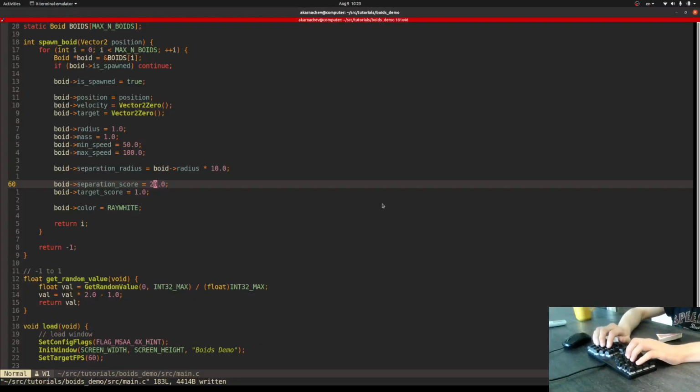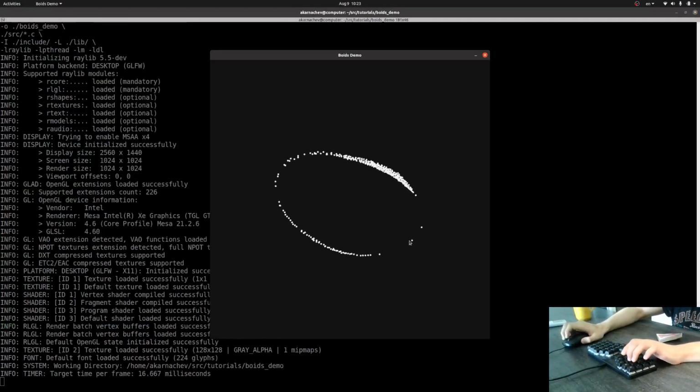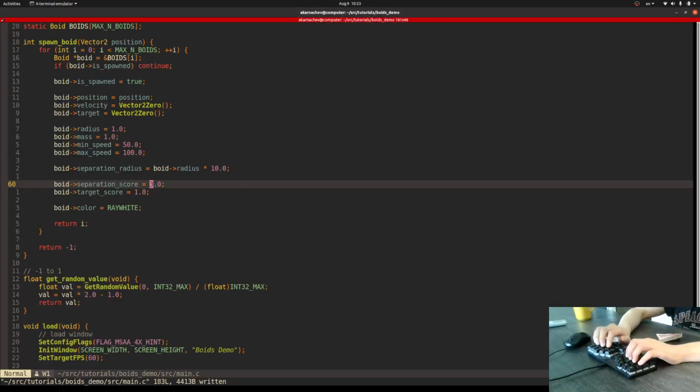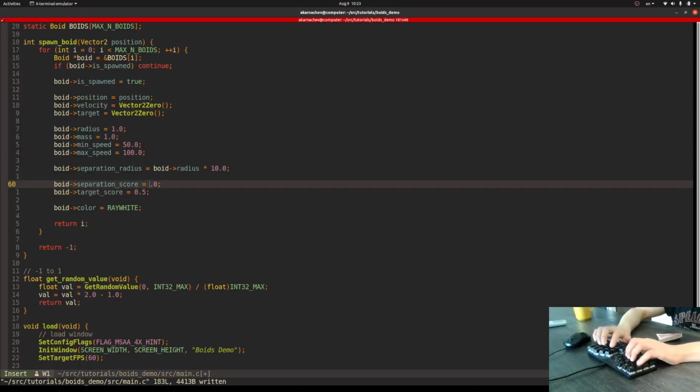Well, 20 it's maybe too high. Let's say 3. Do we need to increase target score? No, we don't. I think they follow target. Maybe we should even decrease this and increase separation.